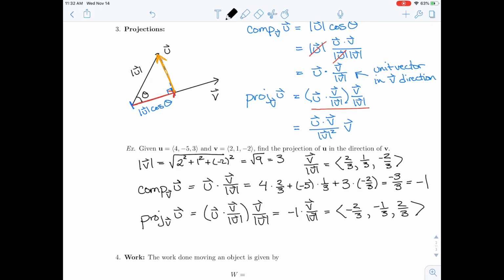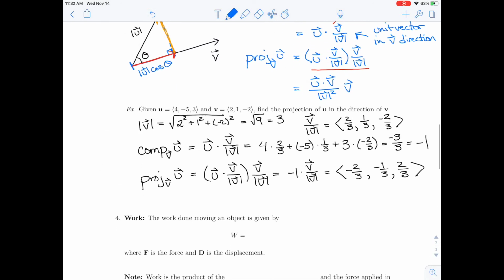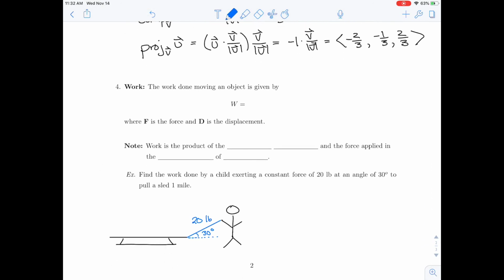We'll now move on to our last example, which is from physics, and that is the example of work. So the work done in moving an object, we said, was force times distance, but in more dimensions, it's actually force dot distance, or the magnitude of the force times the magnitude of the distance times the cosine of theta.